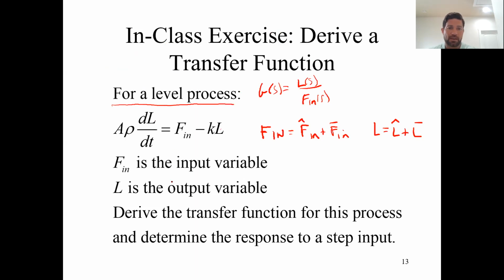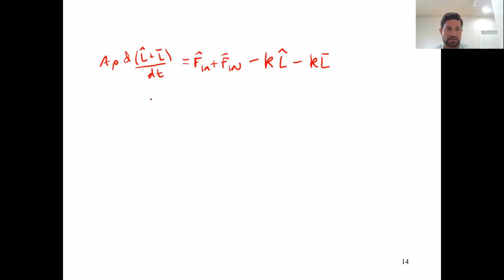Then we also know that at steady state, the level's not changing. So at the initial condition, the level's not changing. So we can write A times rho times dL dt equals 0 equals F in bar minus K L bar.